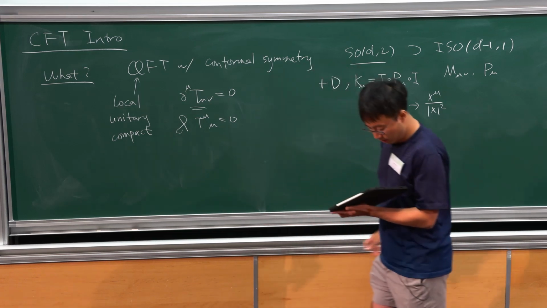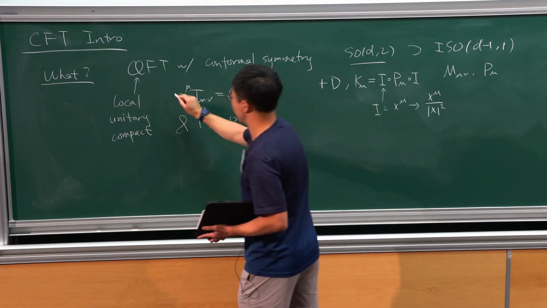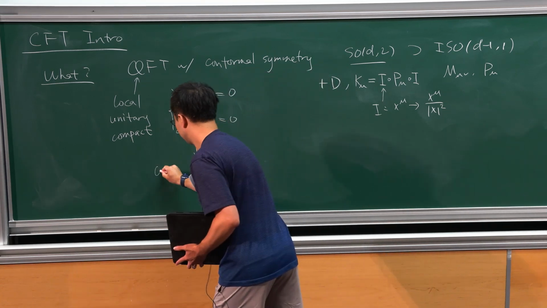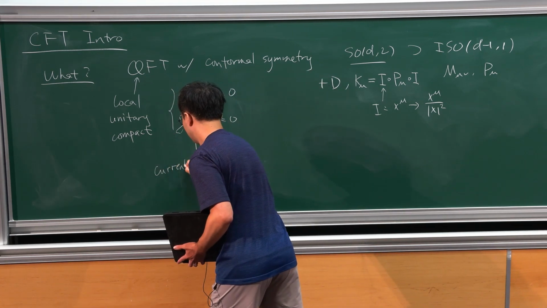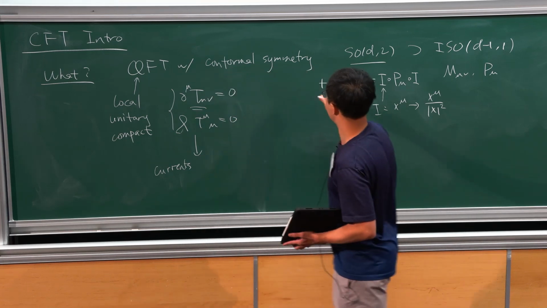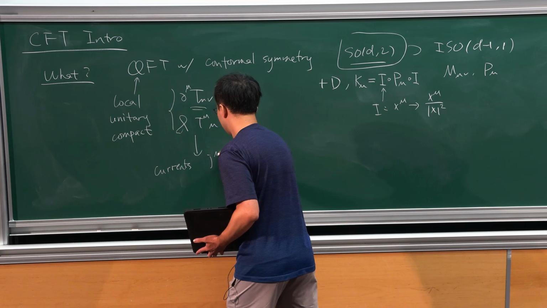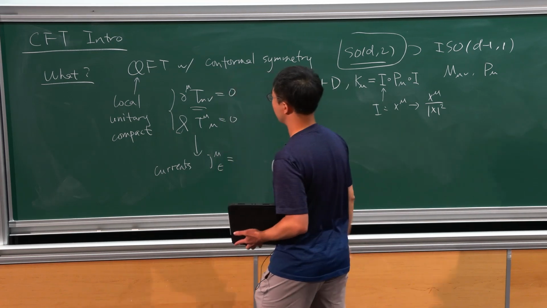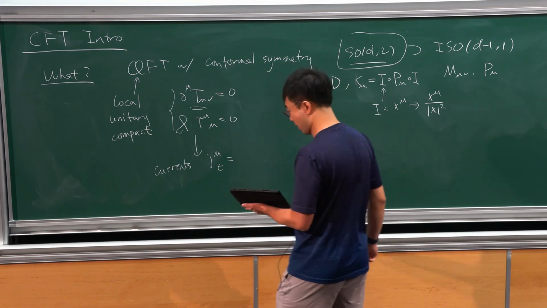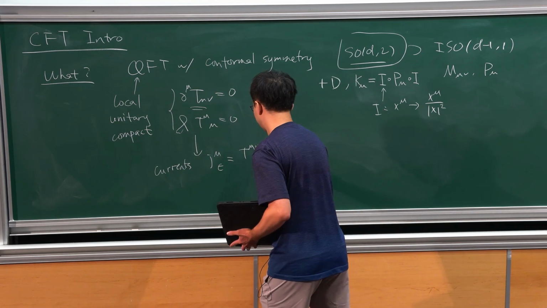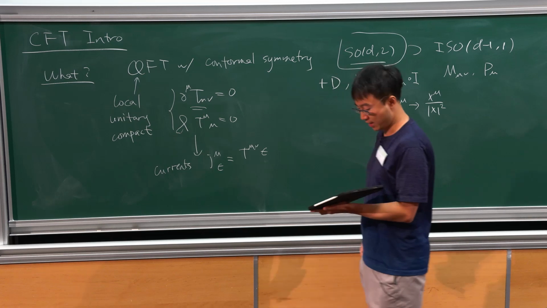Okay. And these two conditions ensure that you can construct the family of currents, which are Noether currents for this big symmetry, that you can construct by contracting one of the indices on these stress tensors, these rank 2 symmetric tensors, with the vector field denoted by epsilon.